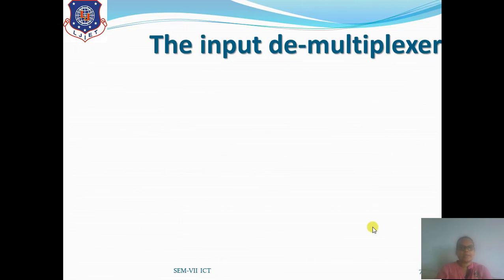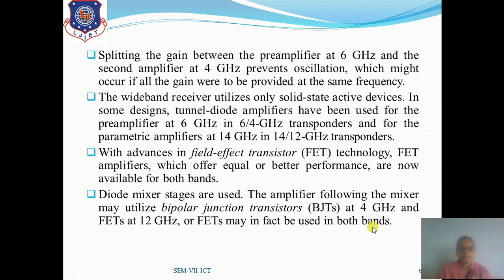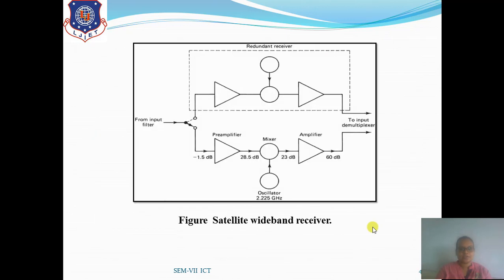Next topic, that is the input demultiplexer. As you have seen in the wideband receiver figure, the input from the filter has been carried out, right? After processing in this receiver, the receiver output is fed to the input demultiplexer.